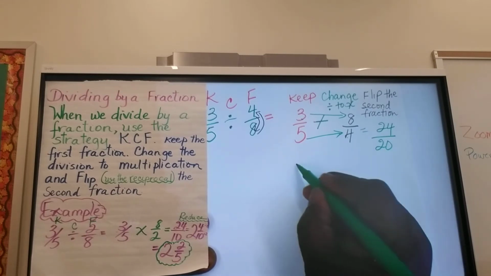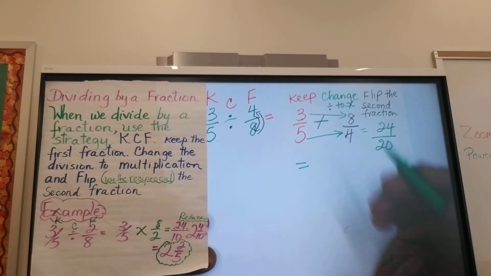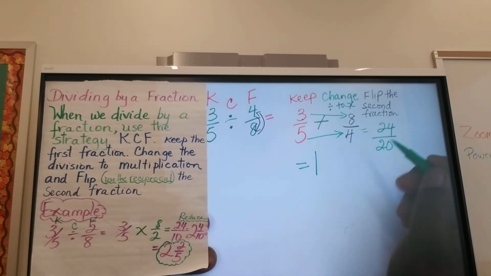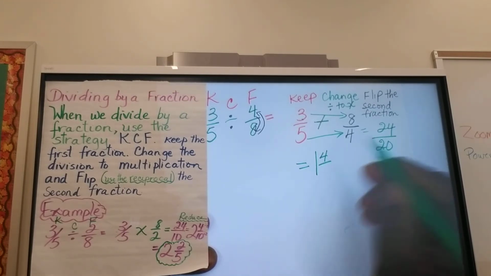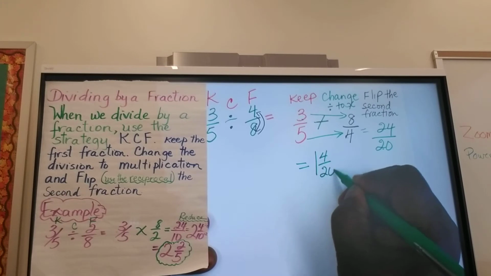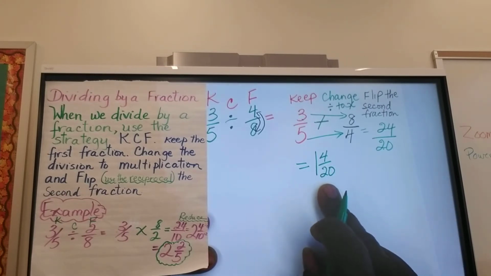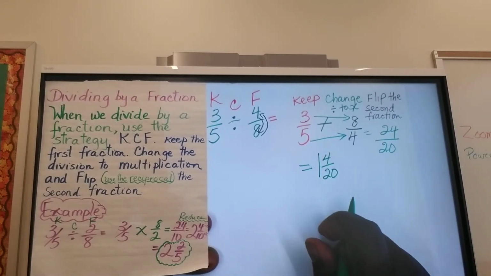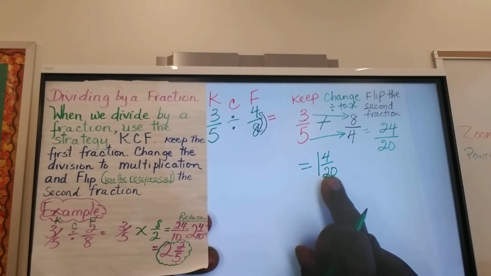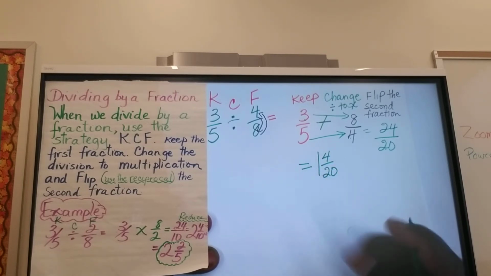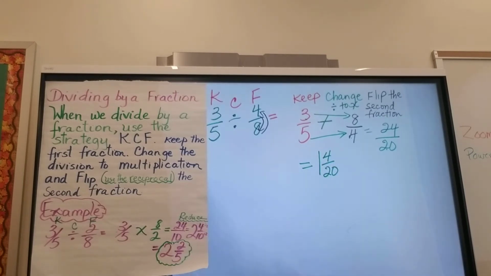So now we have to reduce. How many times can 20 go into 24? We see that we'll get 1, and 20 from 24 leaves 4/20. But we're still not done, because 4 is an even number, 20 is an even number, 4 is a factor of 20, and therefore we can divide.